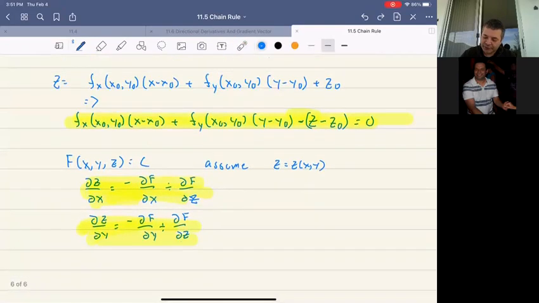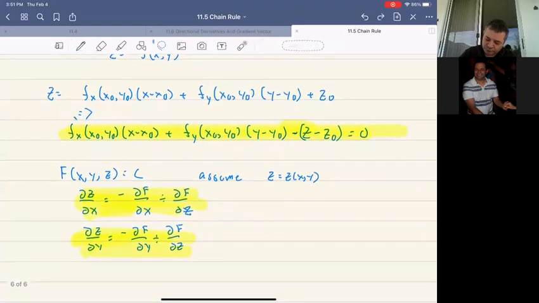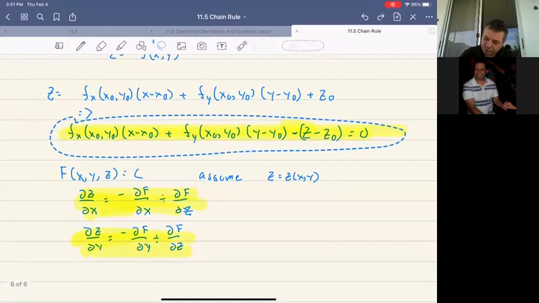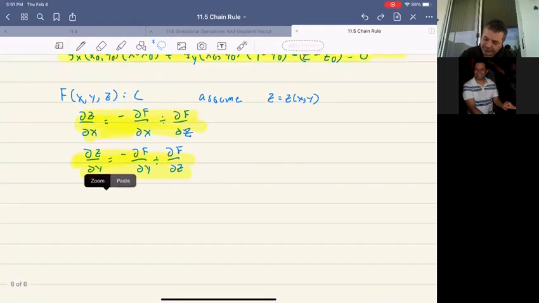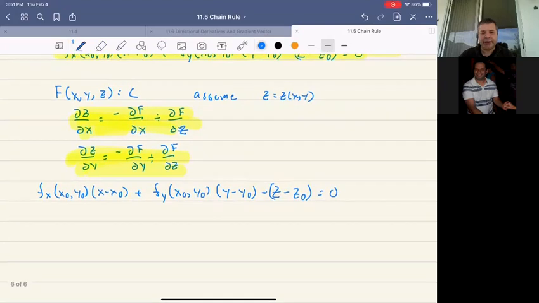So let's write it down. We're going to copy and paste it. Now, what are we going to have here?